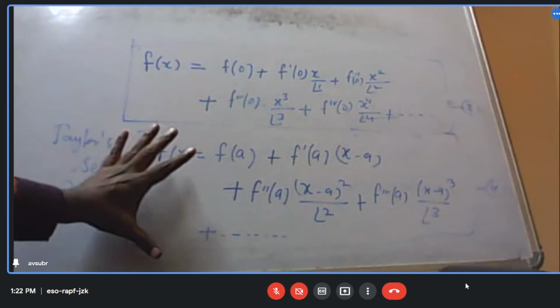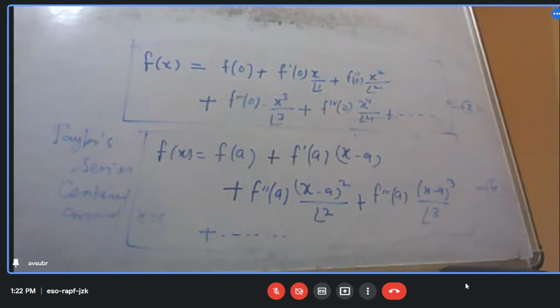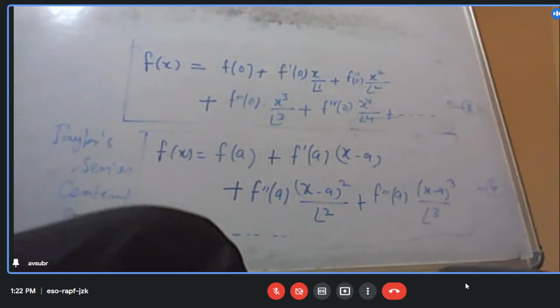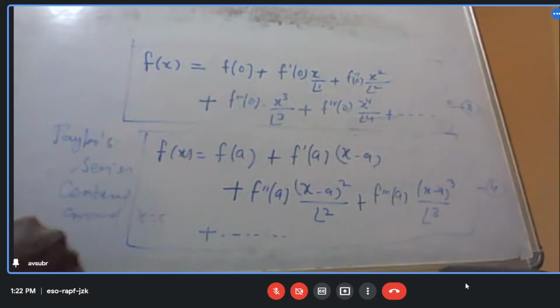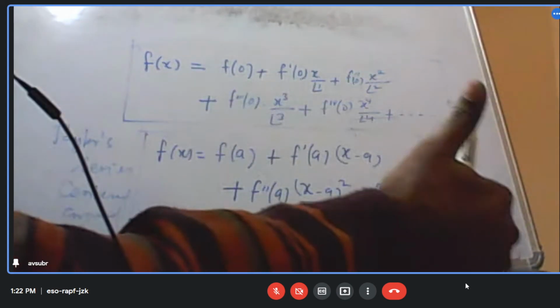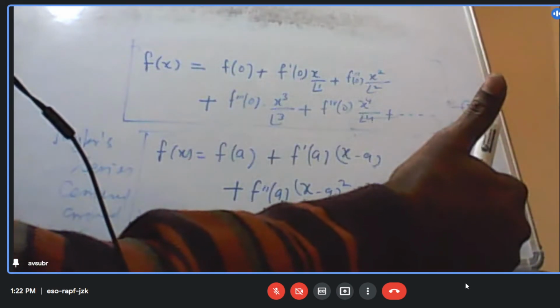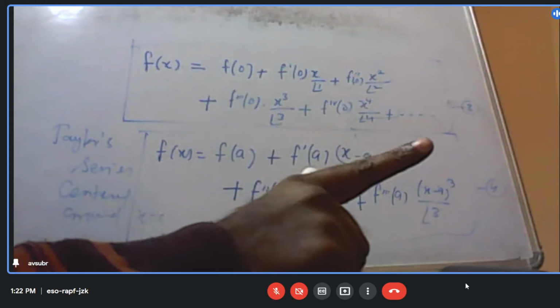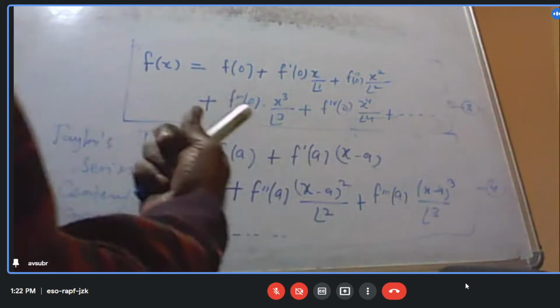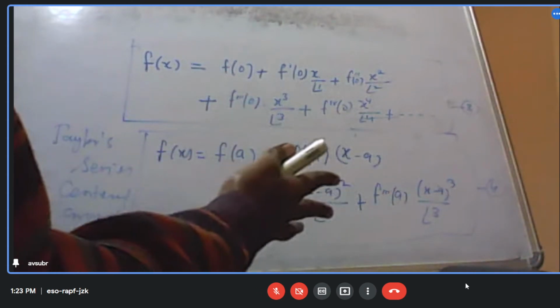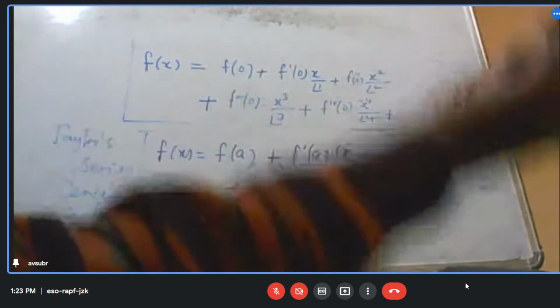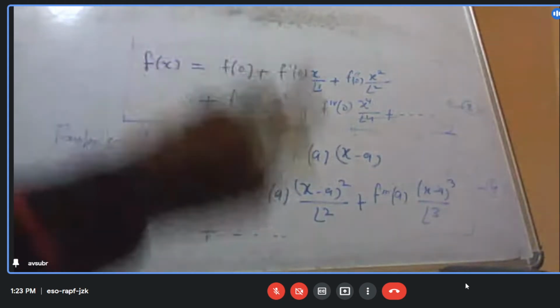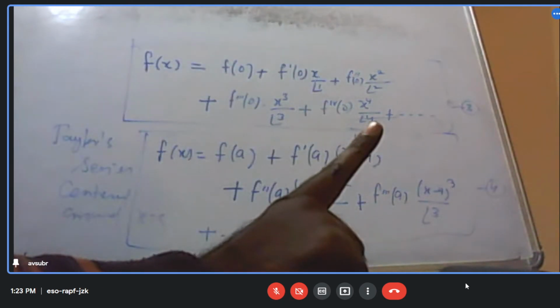Now what is the beauty of this Taylor series? You see, the beauty of this Taylor series is that I am trying to find out derivatives only at a given point. Whichever is the given point, maybe 0, maybe a, whatever be the case, I am finding out the derivative only at a single point.